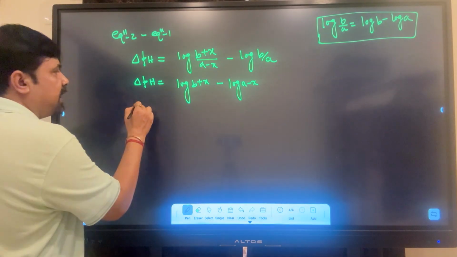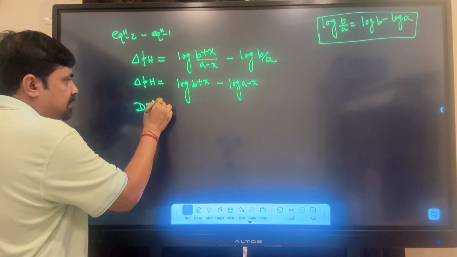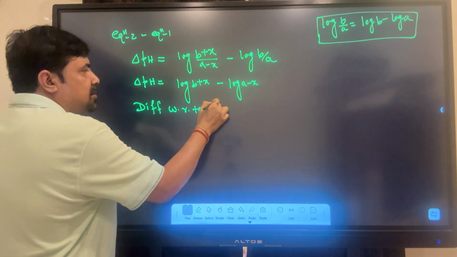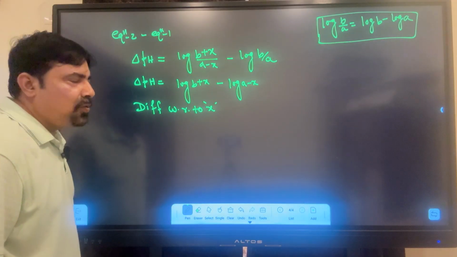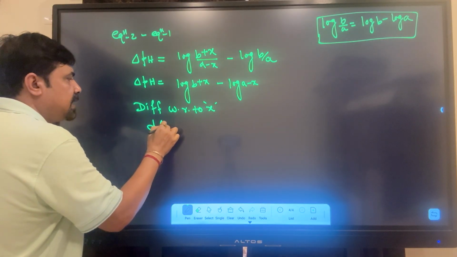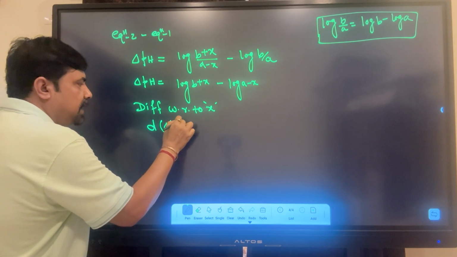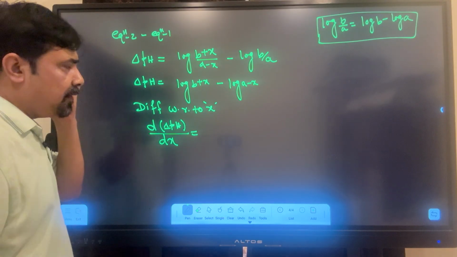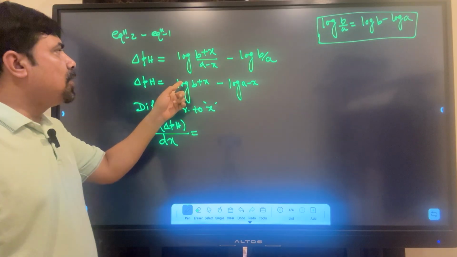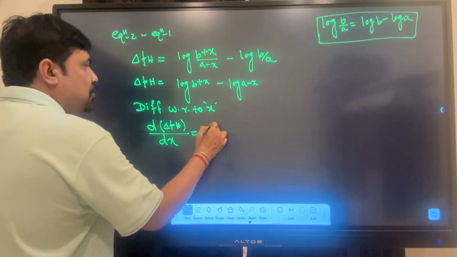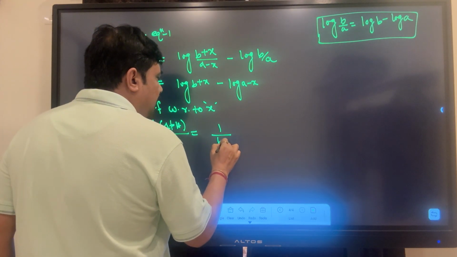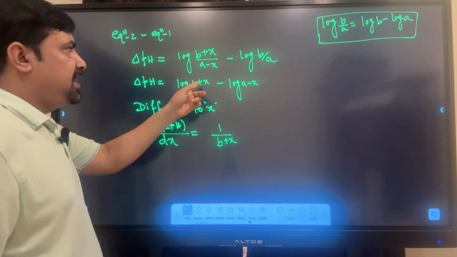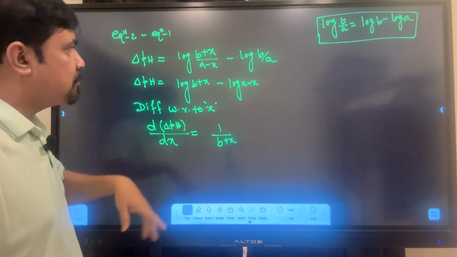Now what I am doing over here is differentiating with respect to X. Then d of delta pH by dx will be equal to, so what is the formula? d/dx of log of (B plus X) equals 1 by (B plus X), and d/dx of X equals 1, and the sign is plus, no issue.